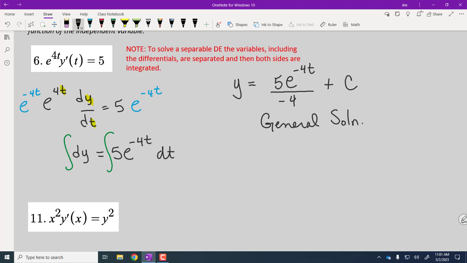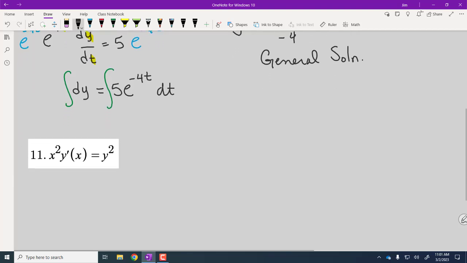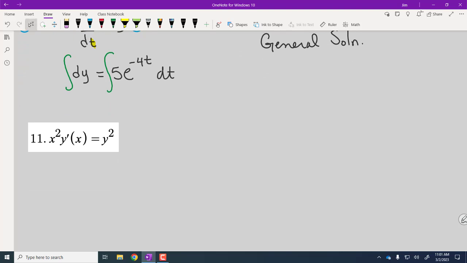So now we look at this one, a little bit different. We see the dependent variable showing up in more than one place, right? There's y prime on the left and y squared on the right, so the dependent variable is showing up in a couple of spots. But our strategy is the same. Let's move the dependent variable off to the left, and let's move the independent variable off to the right. So first we're going to write it with differential notation instead of prime notation.